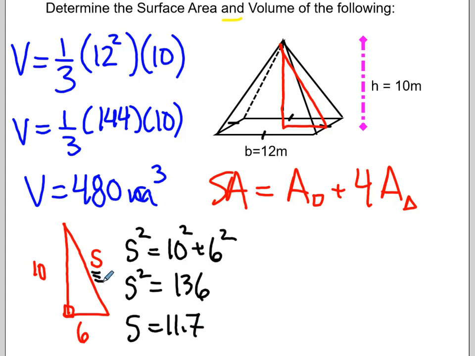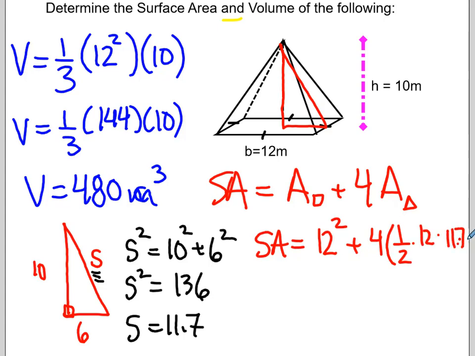Now let's go back to our actual surface area calculation. We have 12 squared, there's the base. We have 4 triangles, which are 1/2 base times slant height. If I let my calculator do all of the heavy lifting, I can get the surface area.